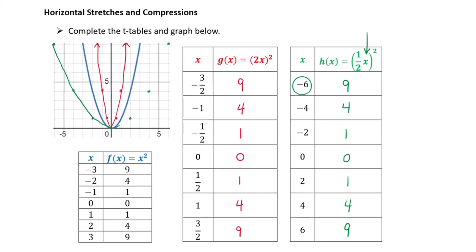And you can see here that you get the same outputs, the same height of all your points for different inputs, and those inputs had to be twice. The x's had to be twice what they were before in order to get the same outputs.